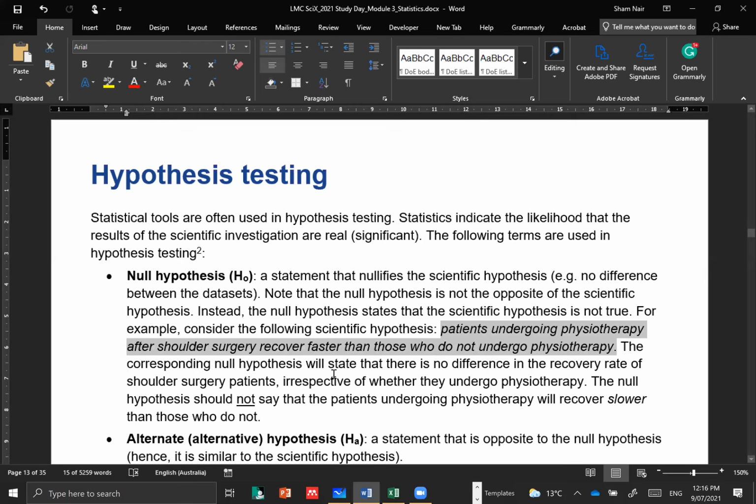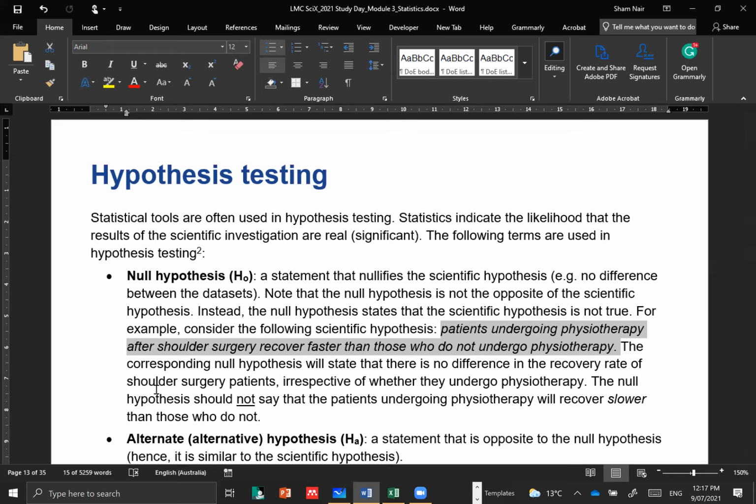Let's say someone is doing a study on the effects of physiotherapy on post-surgical patients. So here, the hypothesis states patients undergoing physiotherapy after shoulder surgery recover faster than those who do not undergo physiotherapy. So this is the scientific hypothesis.